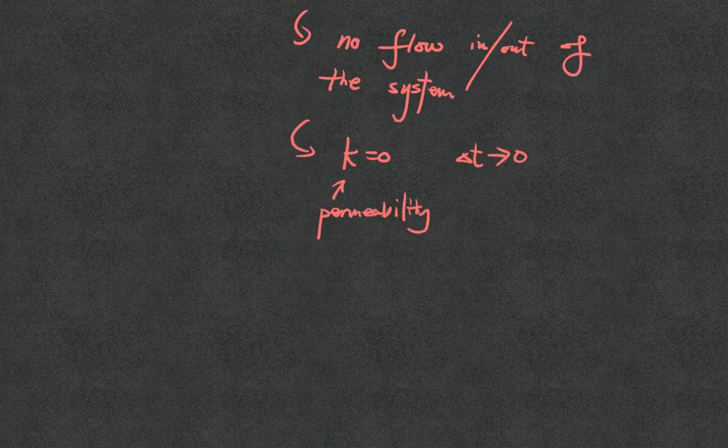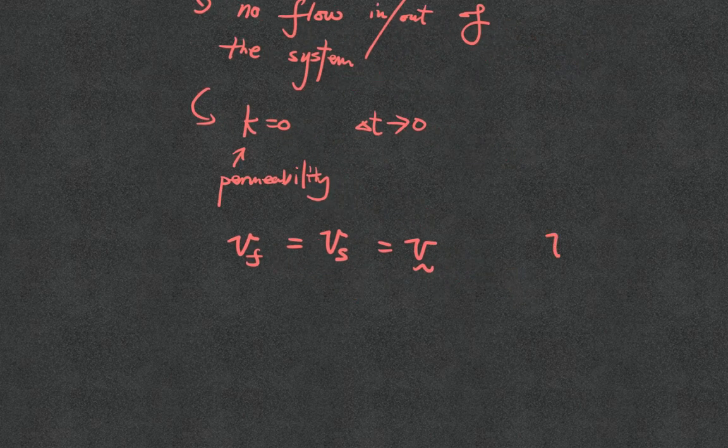In this case, if the water is trapped, then what happens to the water and the solid is that the velocity of F equals the velocity of S, the fluid and solid move together because they're trapped together. You cannot move outside the frame of the solid skeleton. So they are equal to each other, and they simply equal V. Or the other way to say that is that Darcy's law equals 0.